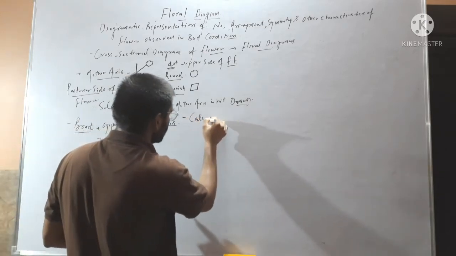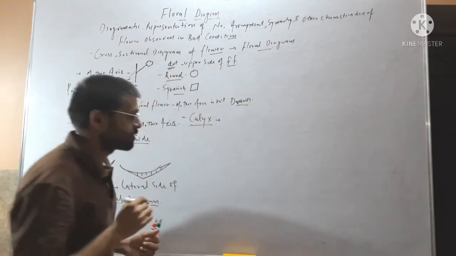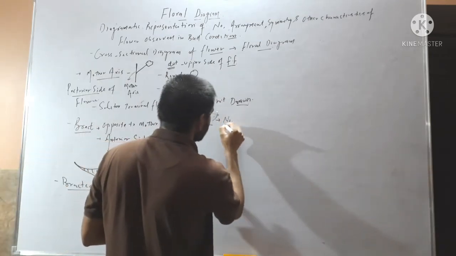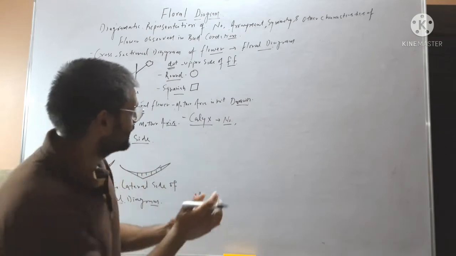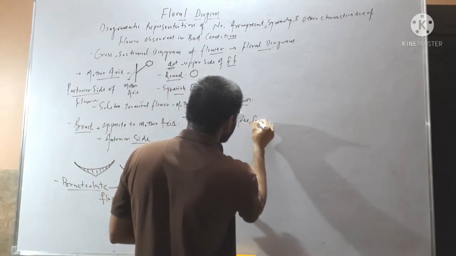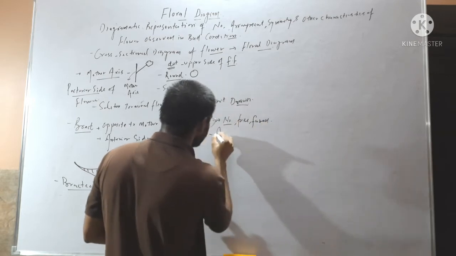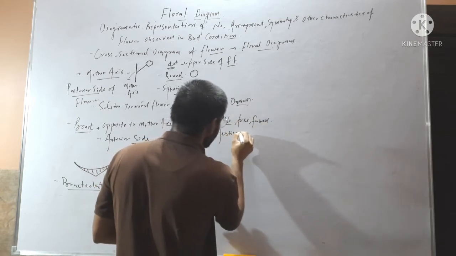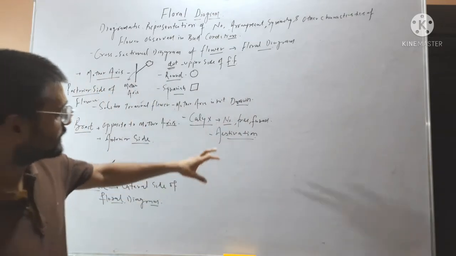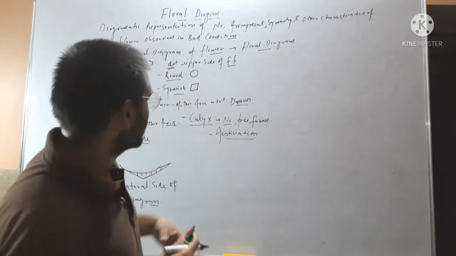And the next to this is calyx. So first we will note the number of calyx. How many sepals are there? Then are they free or fused? Then their estivation. Then we will draw them according to their estivation.